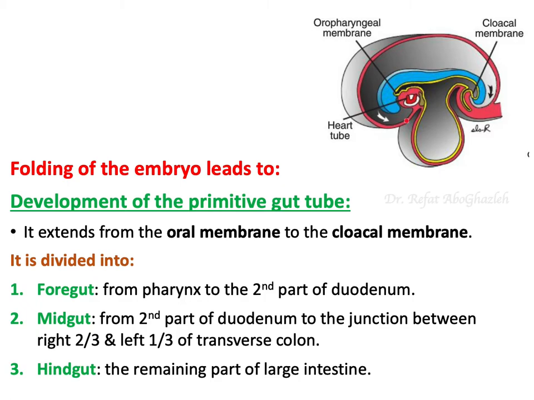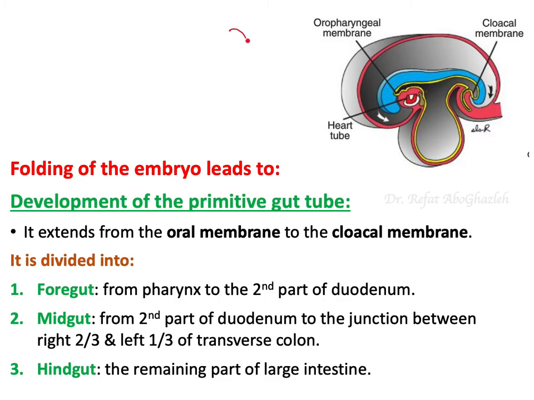What will it develop into? For example, let us start with the superior part, which is the foregut, and the foregut extends from the pharynx all the way until it reaches the second part of the duodenum. That means you can memorize it like this.